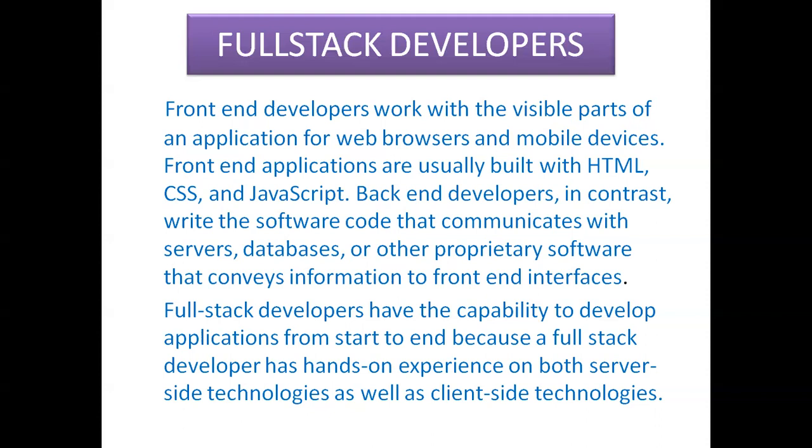Fine. So in this case, what is happening? A full stack developer has skill in developing front end as well as back end. That means they have a skill set in front end as well as in the back end. That means the full stack developer has to know about HTML, CSS, JavaScript, then some server side coding. It can be anything.